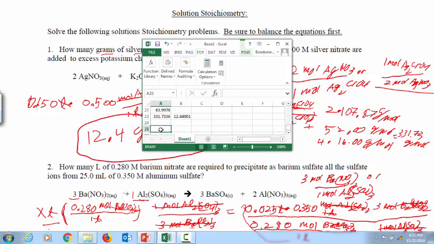So we have equals 0.025 times 0.350 times 3 over 0.280, and that's about it because the other one is just 1, which is the same as not dividing by anything at all.